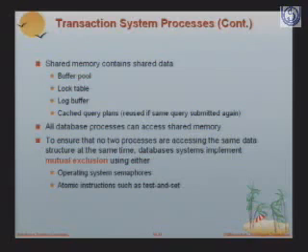To ensure that two processes do not access the same system data structure at the same time, database systems implement mutual exclusion, either through operating system semaphores or atomic instructions such as test-and-set. The operating system semaphore, which we discussed as part of operating systems, is a mutual exclusion tool. Either the database can pass control of mutual exclusion to the operating system, or it can handle it on its own by implementing all these processes inside itself.